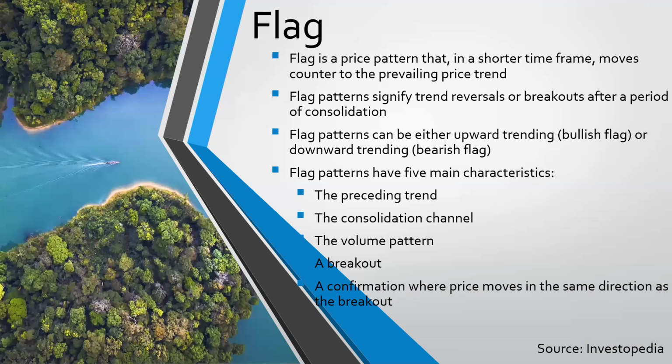And the fifth one is a confirmation that the price is moving in the same direction where the breakout took place. The first thing is preceding trend, consolidation channel, volume pattern, a breakout, a confirmation where price moves in the direction of the breakout.